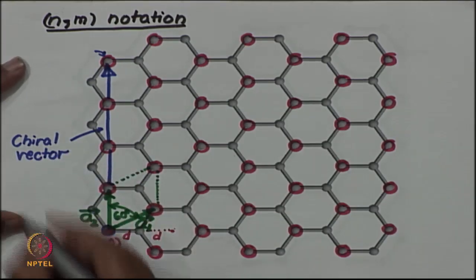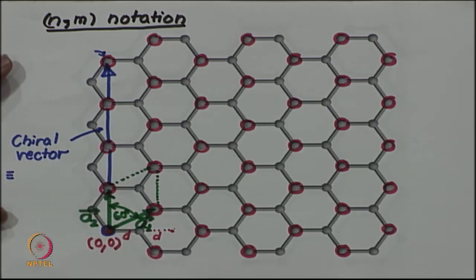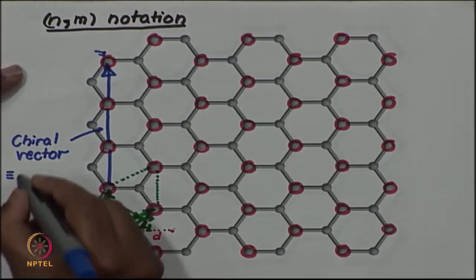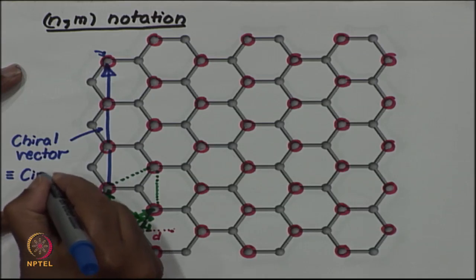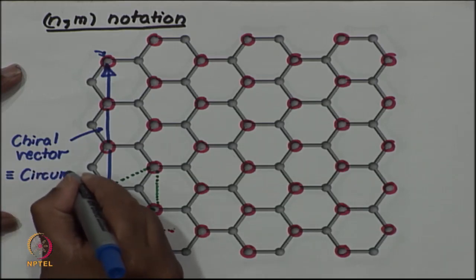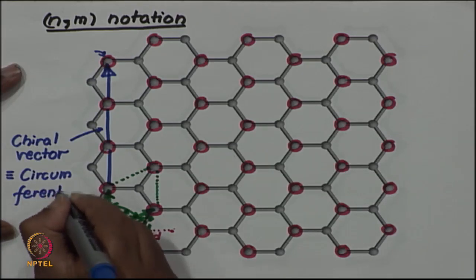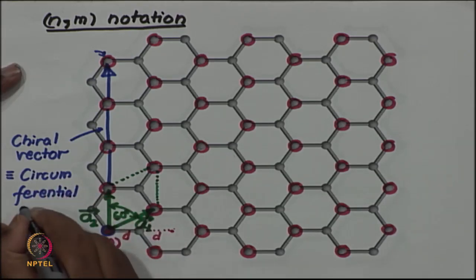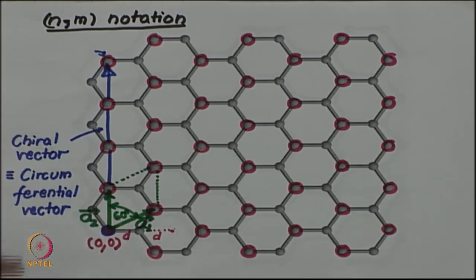Chiral vector. A more transparent name could have been, so let us use that, a circumferential vector, because this is the vector which will become the circumference of the tube.